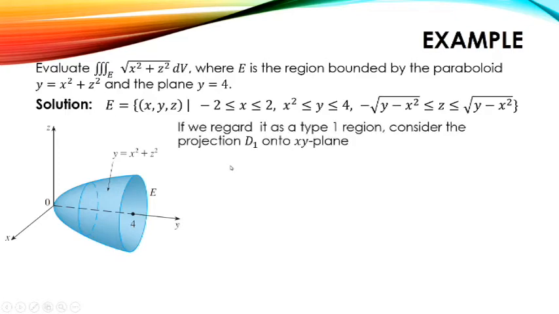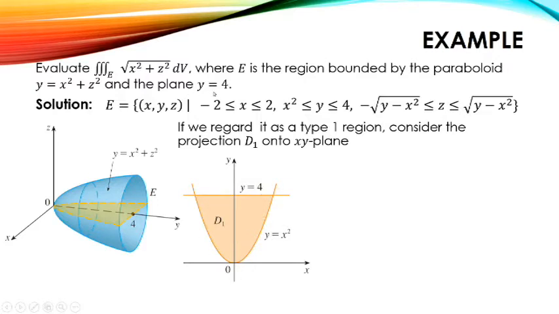So, if we regard it as type 1 region, i-consider natin yung projection niya na D sub 1 onto the xy plane. So, along the xy plane, ito yung projection niya. And that region is bounded by y is equal to x squared, so parabola, up to y is equal to 4.